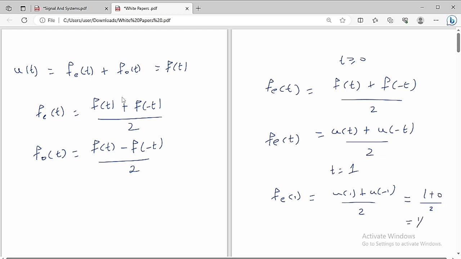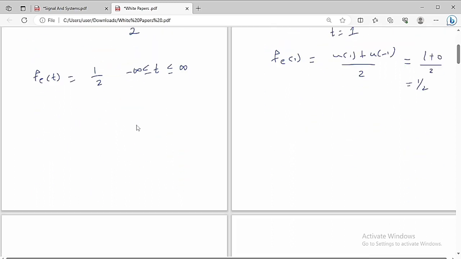So you are going to get 1 by 2. So for all the values of t greater than or equal to 0, its value is equal to half. Therefore you can say the even part is half for all values of t, because if you know one range, the other range you can easily get as the mirror image with respect to the axis.